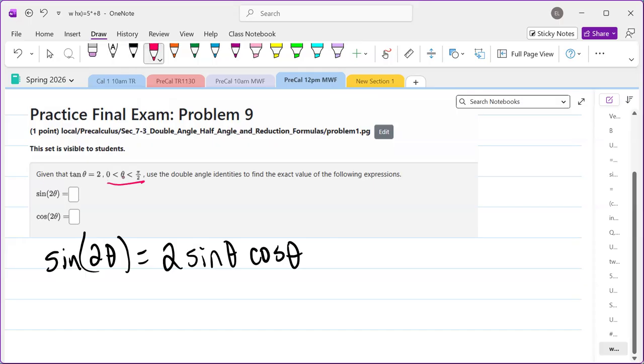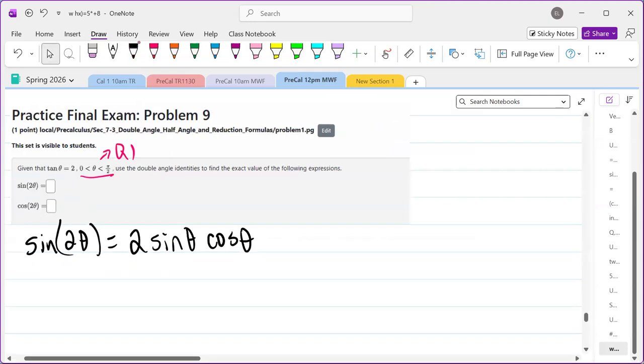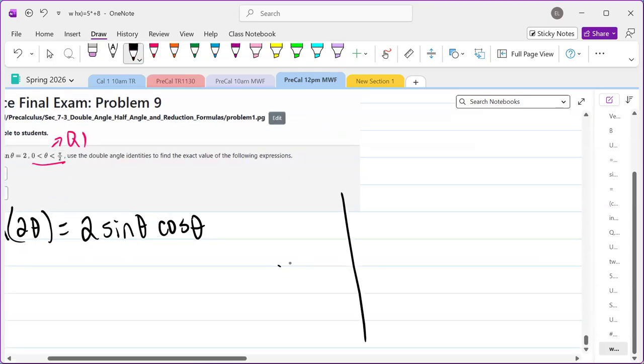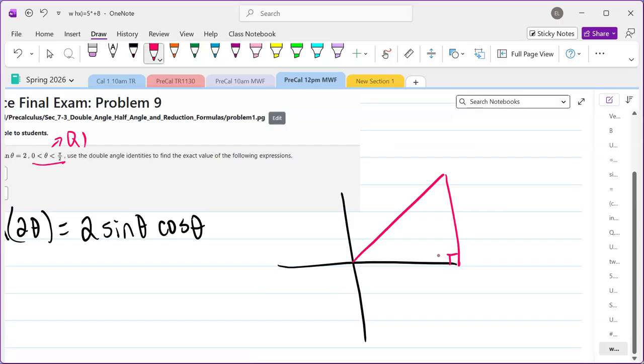Now they go to the effort to tell me theta is between 0 and pi over 2, which is just telling me that theta is in quadrant 1. So if they go to the effort to tell me theta is located somewhere, then I'm going to go to the effort to draw the triangle.